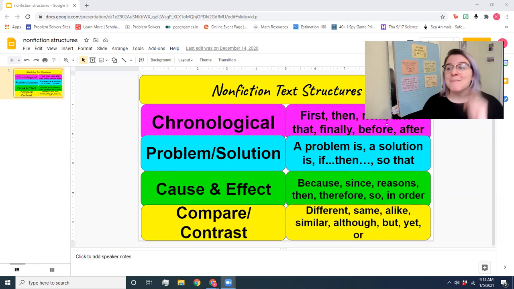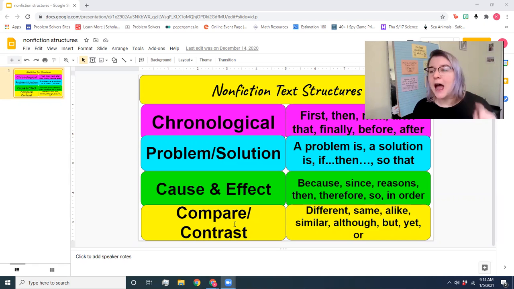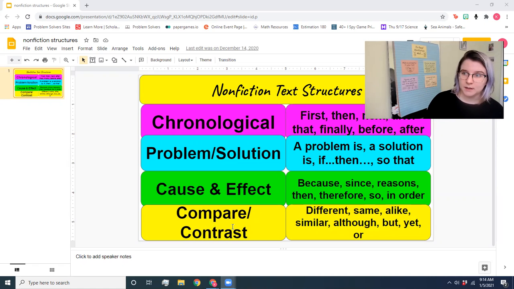So my challenge for you is this. I am going to show you 5 different quotes from famous people, and I want you to determine which text structure those quotes follow. I'll do the first one with you so it doesn't get confusing, but once I read the quote, I'll put it up on the screen as well.